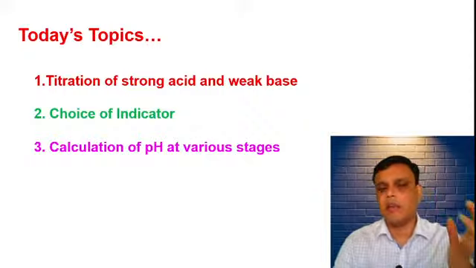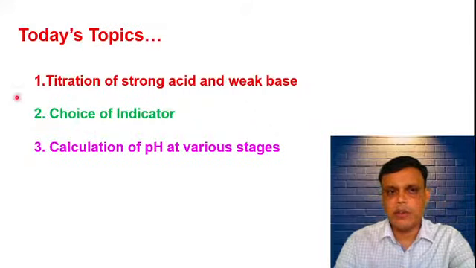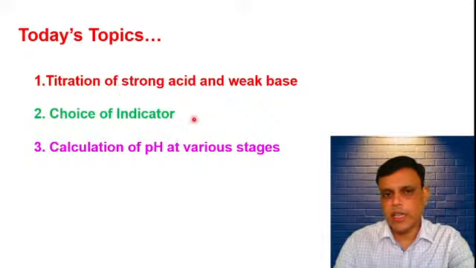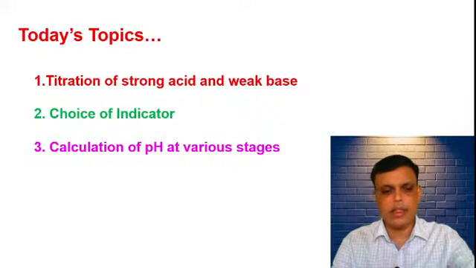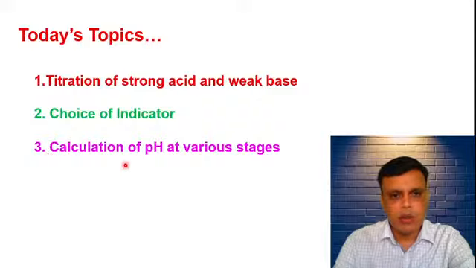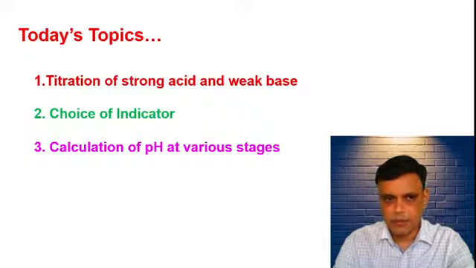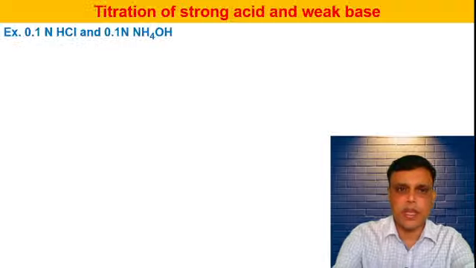First, the name of that titration, then choice of indicator, in which we discuss the suitable indicators and from them choose the best indicator for that particular titration. And the third point, calculation of pH at various stages, is also the same for all three titrations. So today we will start with titration of strong acid and weak base.